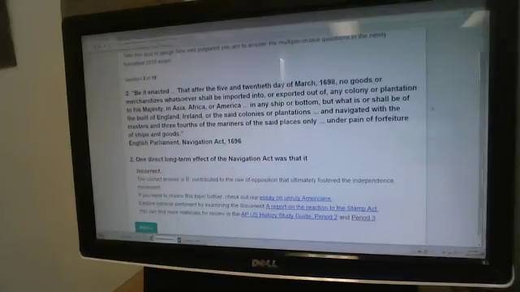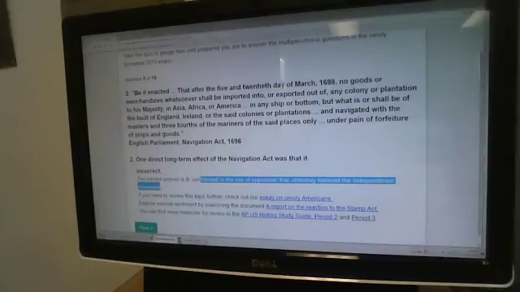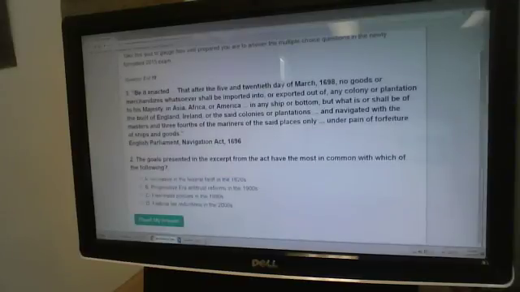Oh. B. Okay. Yeah, B. So remember the imposition of the Navigation Acts. You have this problem in the colonies. I mean, they don't mind paying taxes, but the problem is that also are the Navigation Acts strictly enforced? Nope. You should be thinking of salutary neglect. Okay. Let's take a look at another one.